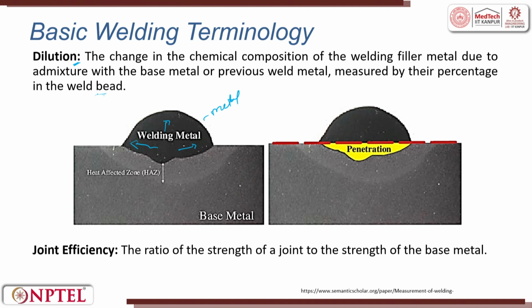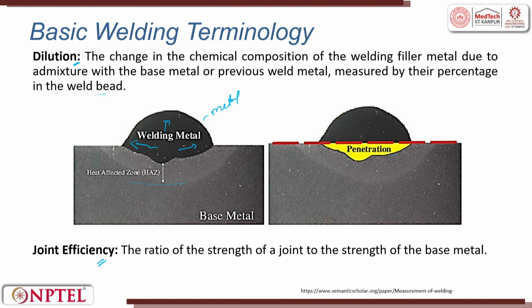So, what we are trying to say is, you try to change the viscosity such that the metal can flow easily into the undulated zone and then it can join. So, that is dilution. In the eye also we do dilution, right? So, here you see weld metal, heat affected zone, and you can see how the weld metal penetrates into the base metal.